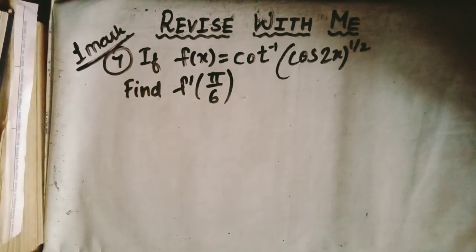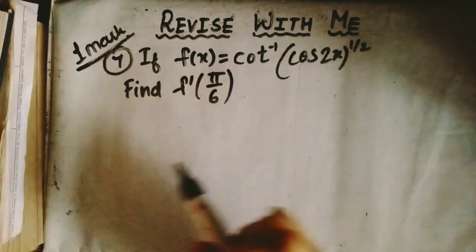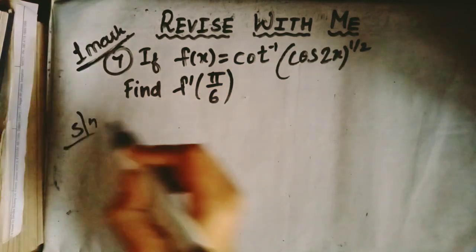Next question, here f of x is given, cot inverse of root of cos 2x, and you have to find its derivative at pi by 6.